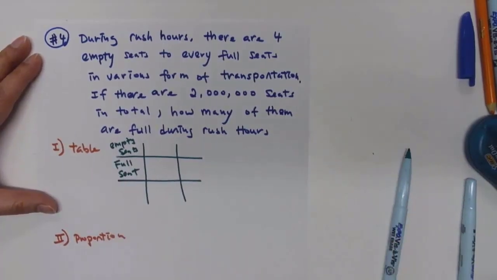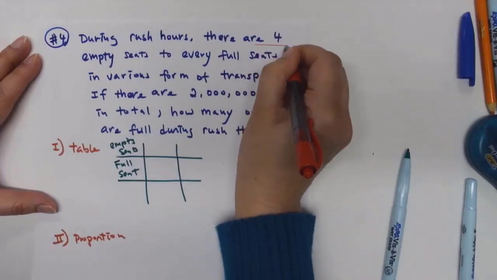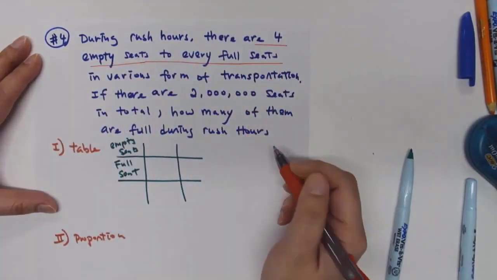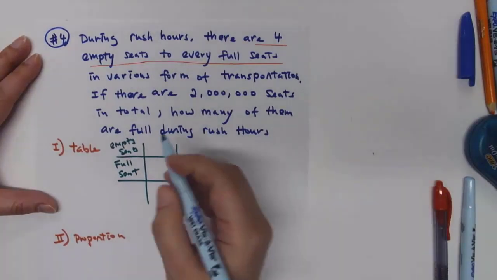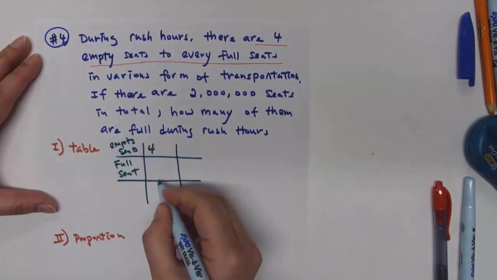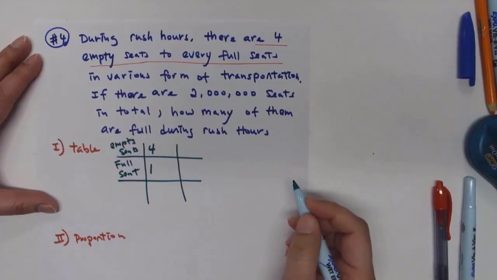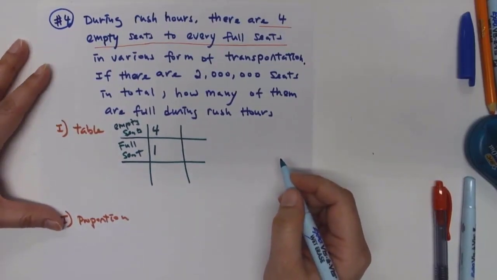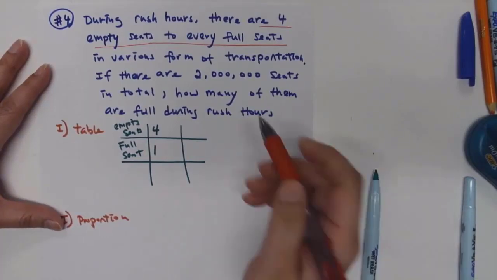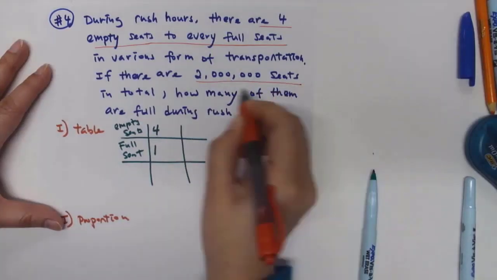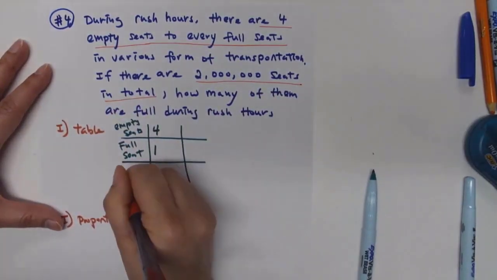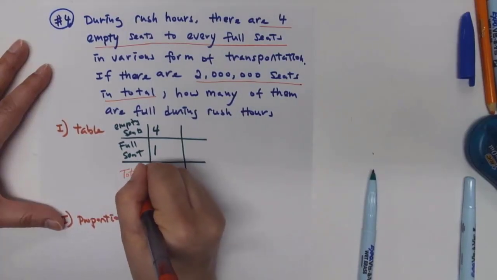And the question suggests that 4 empty seats to every full seat, meaning the ratio is going to be 4 empty seats to every 1, because a lot of people drive themselves to work or something, right? So they don't have a passenger. And what else did they give us? They say there are 2 million seats in total. So we don't have the part say total, right? So I'm going to need to find the total.